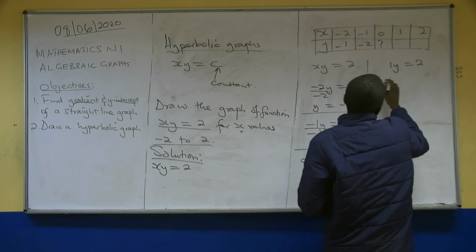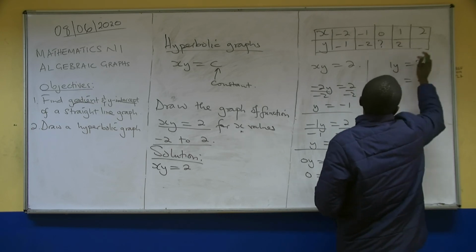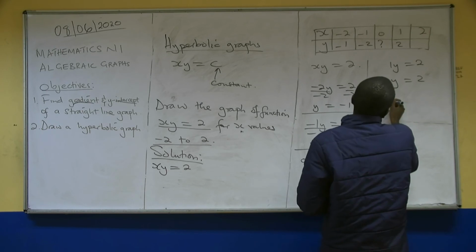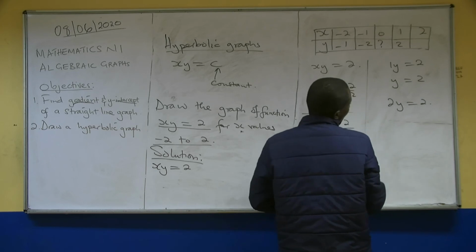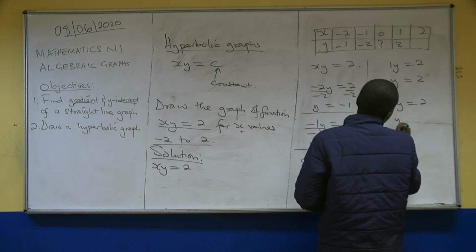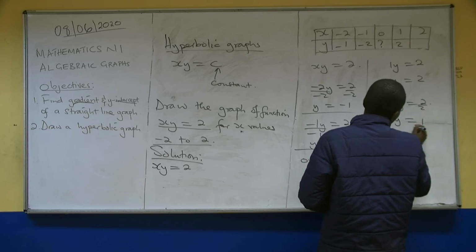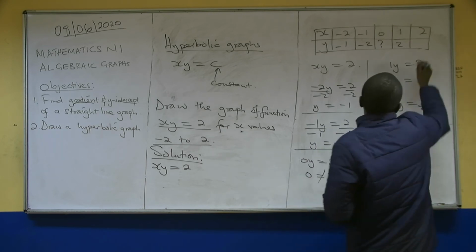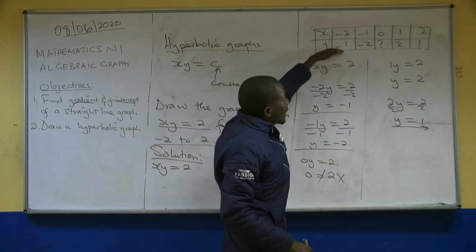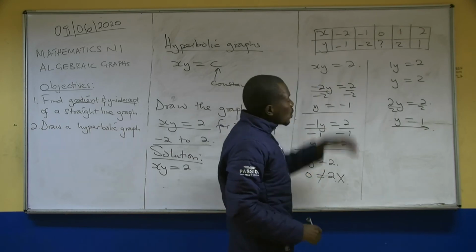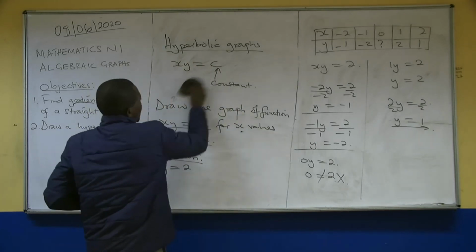Then we come to the case where x is 1, 1y is equal to 2, so y is equal to 2. Then x being 2, we have 2 multiplied by y being equal to 2. We divide by 2 and get y as 1. So now we've got that table.